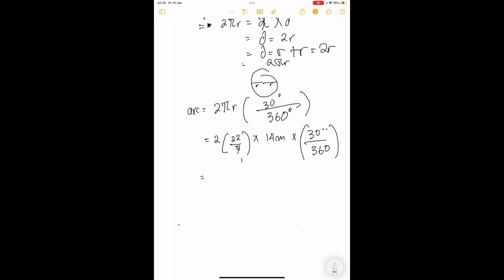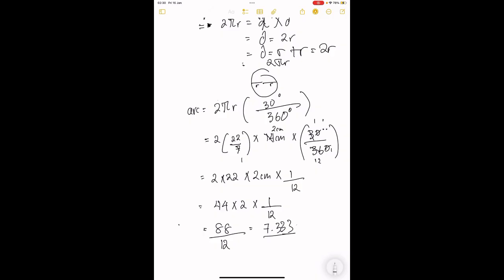So 7 here simplifies to 2 centimeters. So we have 2 multiplied by 22 multiplied by 2 centimeters multiplied by, these zeros cancel, this is 1, this is 12, 1 over 12. 44 multiplied by 2 multiplied by 1 over 12. 88 divided by 12. 7.333.